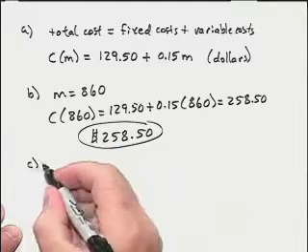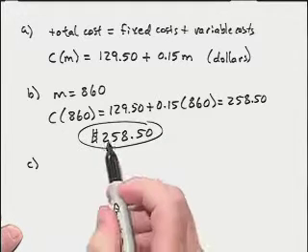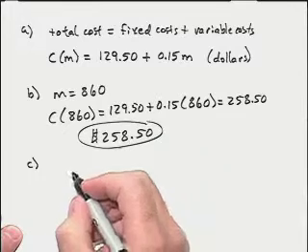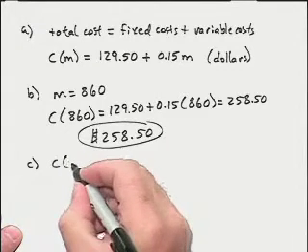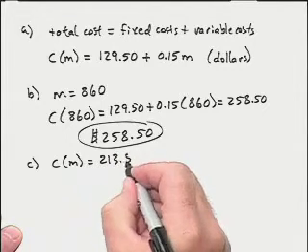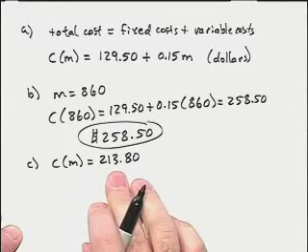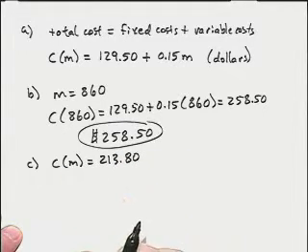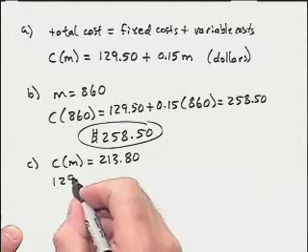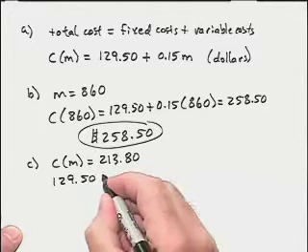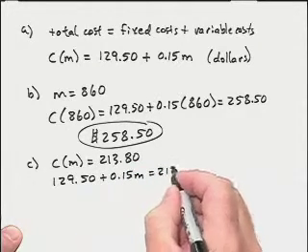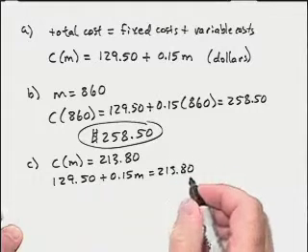In our last part, Part C, we want to determine the number of miles driven if the rental cost is $213.80. That is, we need to solve C of M equal to 213.80. So here we know the cost, and we're trying to determine what the value of M is. So we have 129.50 plus 0.15 M must equal 213.80.